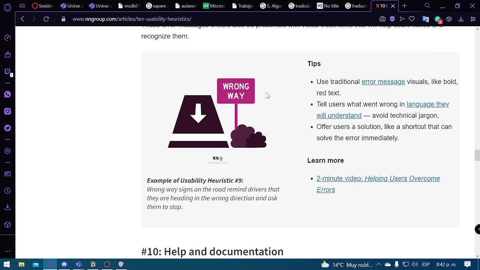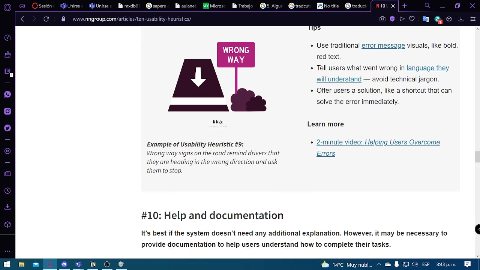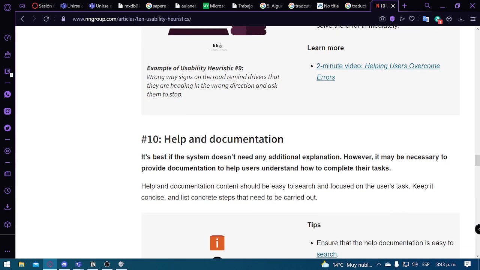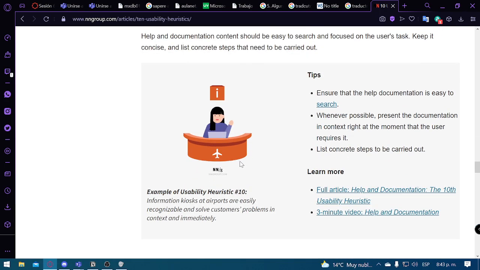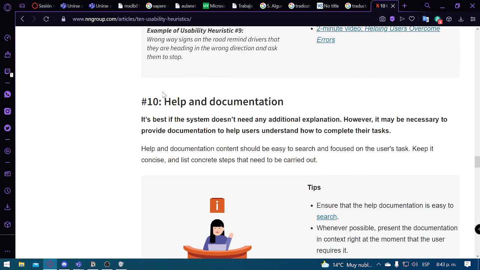And we have here an example about a wrong way sign on the road that reminds drivers that they are heading in the wrong direction and asks them to stop. For example, it is not the way, and if they take that way, they could have an accident or something that isn't good for their life. That is the example in real life.